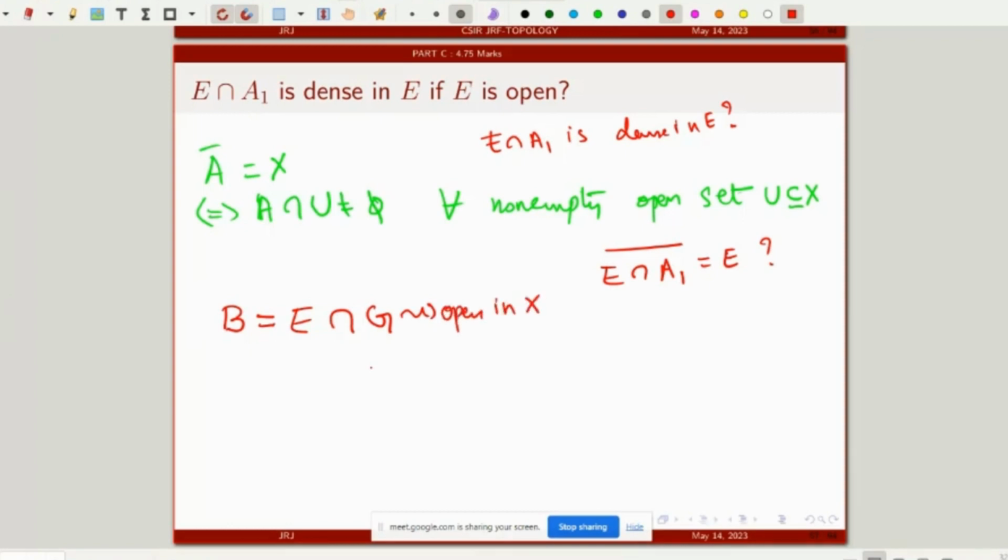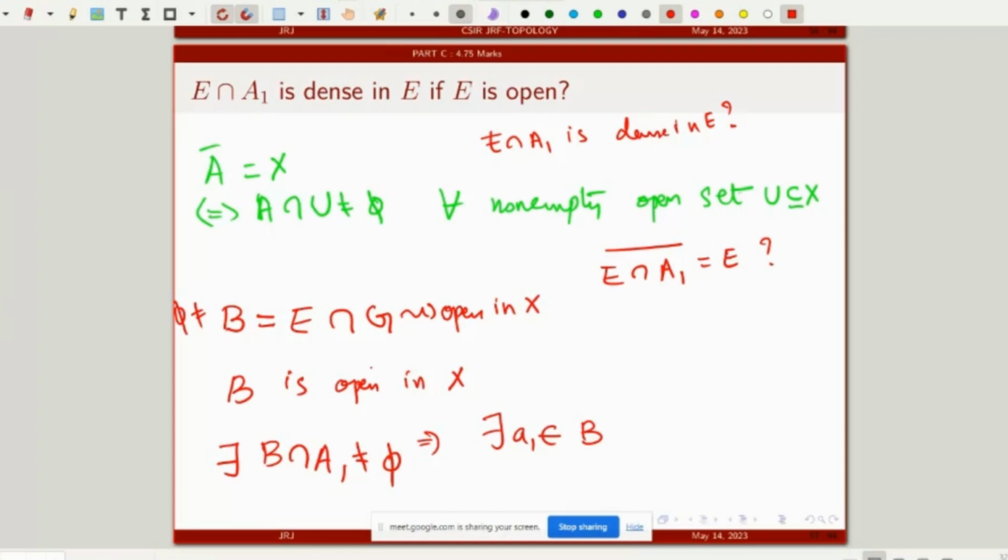Now we are talking about the subspace topology on E, and we know that E is open. This G is also open. So this B is open in X. Now since this B is open and suppose it is non-empty, this is a non-empty open set in E. So B intersection A1 is non-empty, which implies there exists a little a1 which belongs to B and A1.